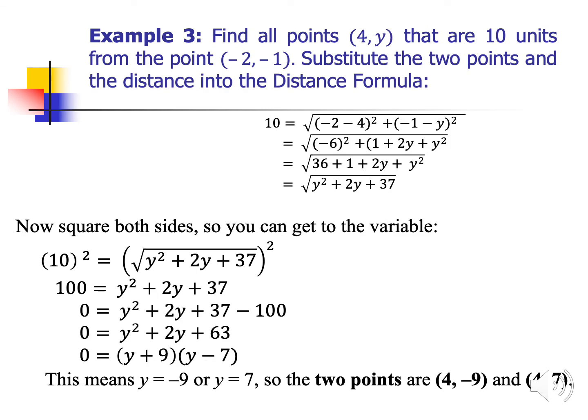Next example, find all points with y-coordinate unknown that are 10 units from the point (-2, -1). So 10 is already the distance, and you substitute the 2 points and the distance in the distance formula. You have these 2 points, only that the y is unknown.